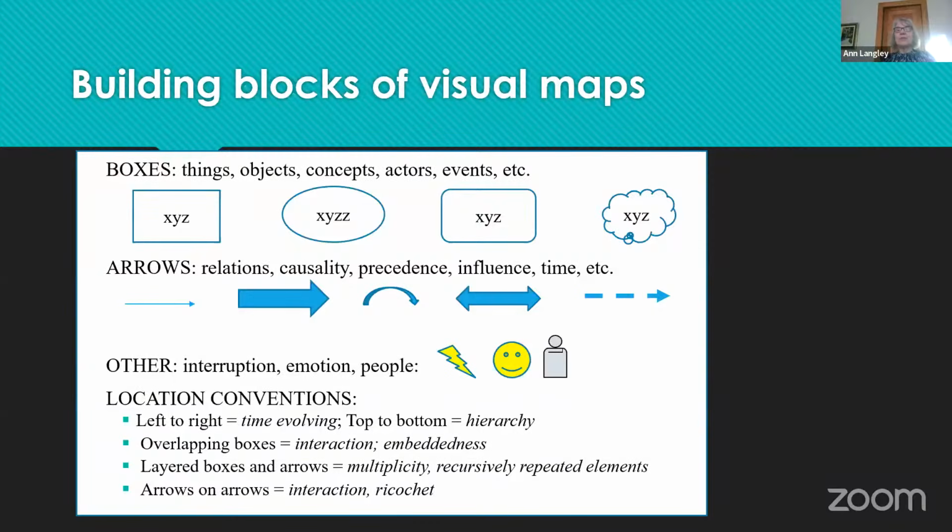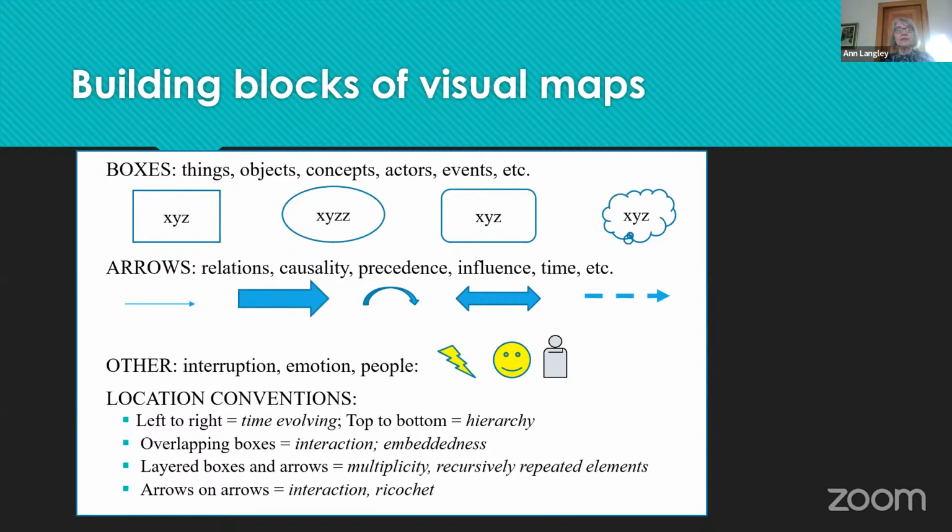Okay, so what is visual mapping? You can use any forms of drawing that you want, but there are a certain number of conventions which you might want to keep to. Boxes and arrows are obviously important aspects of drawing data, but you can use them for different kinds of things.